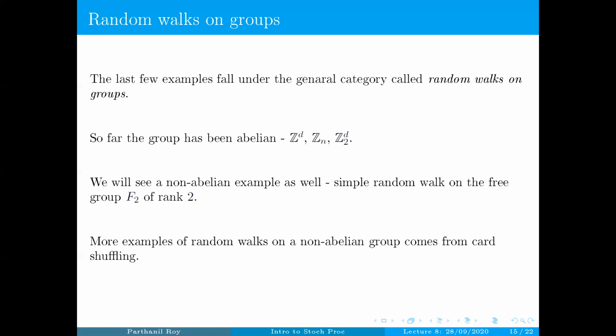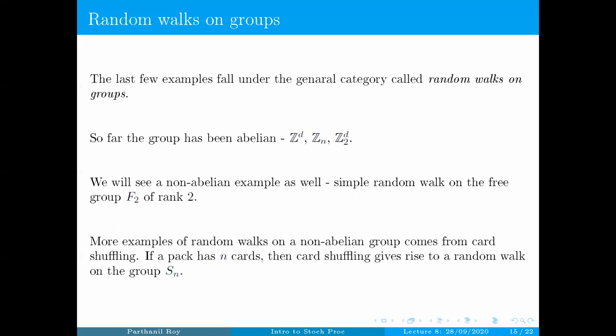Another source of random walks is card shuffling. And this actually is a random walk on a non-abelian group. So if your deck has n cards, then any scheme of card shuffling will give rise to a random walk on the group Sn.